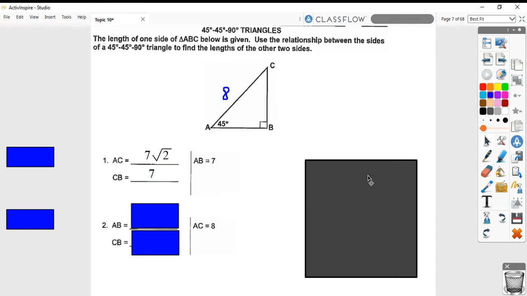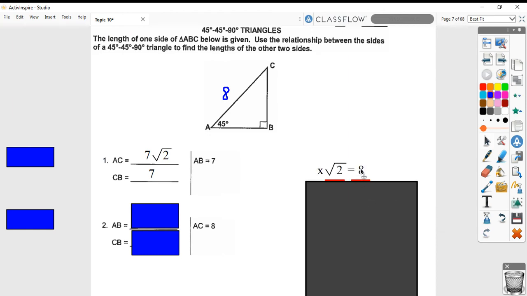Put that into an equation. The hypotenuse, 8, equals the leg, our unknown, times square root of 2. Okay? Think about what's happening to x right here. X is being multiplied times the square root of 2. What I mean by that is we've just got a little dot multiplication right there. X times the square root of 2.